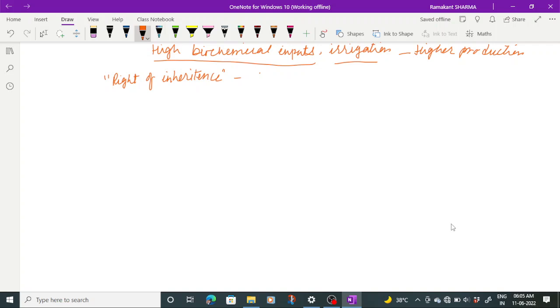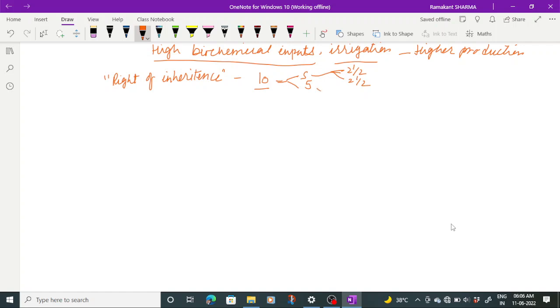Suppose a farmer holds 10 hectare land. If the farmer has two sons, and then there is the division, one gets 5 hectare, the other gets 5 hectare. Now suppose this son also has two sons, then each will get 2.5 hectare.